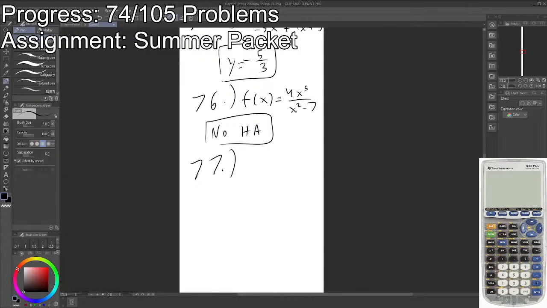Laws of exponents. I got this, man. Wait, why am I? What? It goes back to 75? Are you kidding? It just goes back to 75 for no reason. Man.